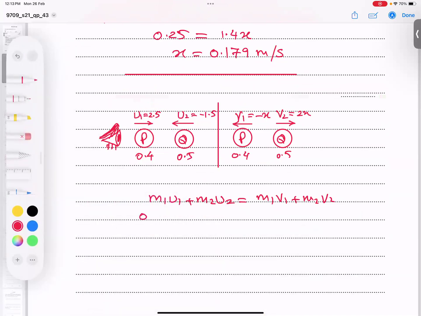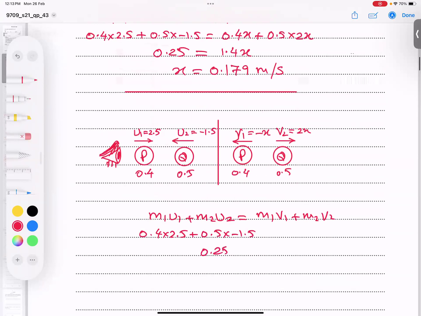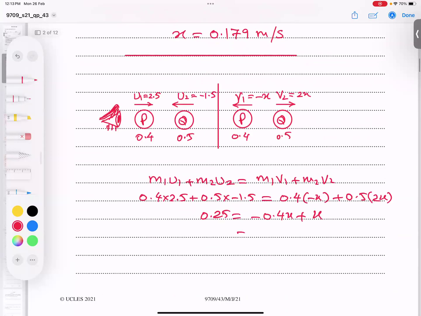I'm writing 0.4 into 2.5 plus 0.5 into negative 1.5, which I already got as 0.25, no need to work it out again. On the right, 0.4 times negative x and 0.5 times 2x. So I'm getting negative 0.4x plus x, which becomes 0.6x.